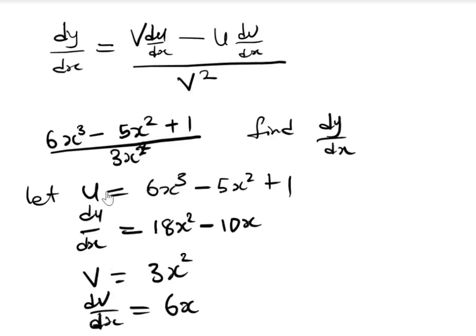Substituting u, du/dx, v and dv/dx in this formula, we would have 3x squared multiplied by 18x squared minus 10x, minus u, which is 6x cubed minus 5x squared plus 1, and dv/dx is 6x.